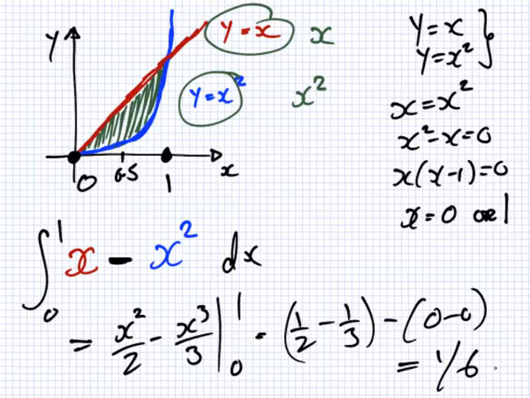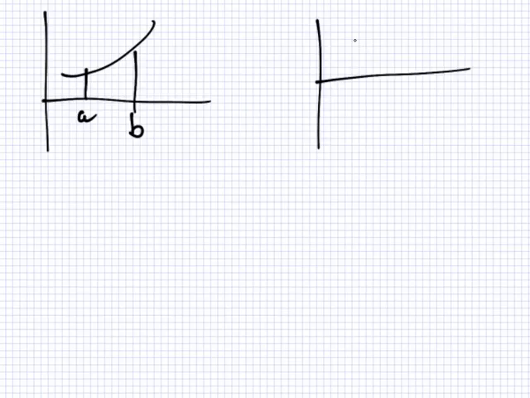So there's 3 situations that you deal with in the exam. Well, I suppose 4 situations really. The first situation is a simple integral from A to B. The second situation that you could get in the exam is when we have a positive and a negative.